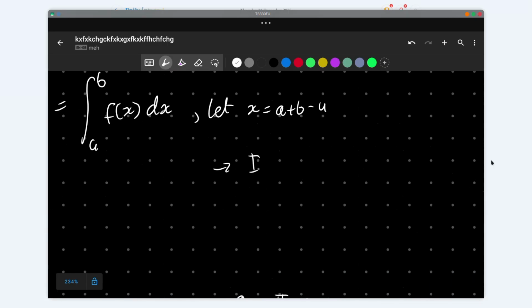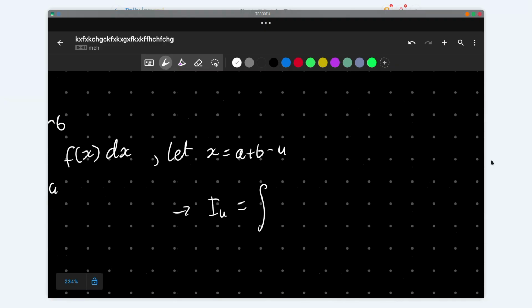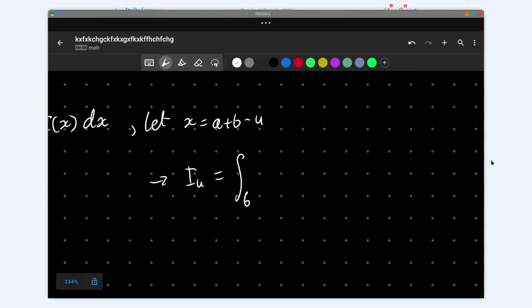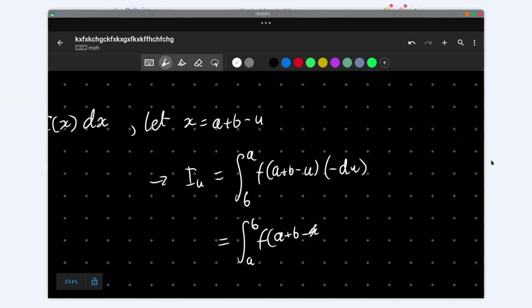Then you would have some new integral I of u, and you can check this: when x is a, u would be b, and when x is b, u would be a. So it flips the limits, and you would have f of a plus b minus u, and then your du would just be negative. When you have a negative, you can just flip the limits back.